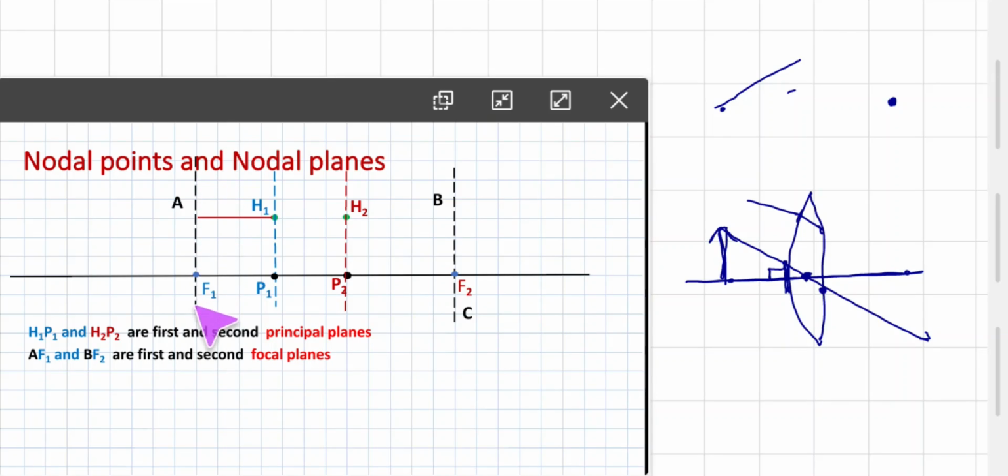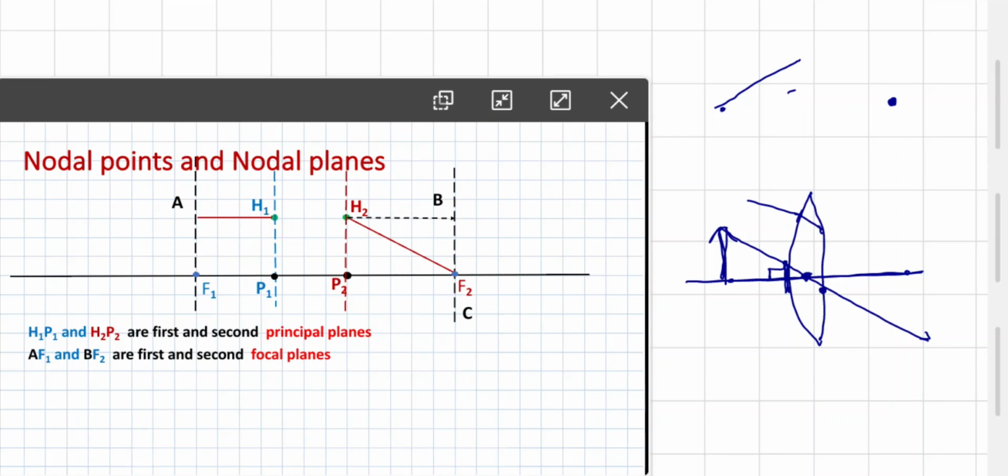Remember that this is a focal plane, so from the focal plane the ray is traveling parallel. Obviously it should go straight, but we know that in a thick lens refraction takes place from the principal plane. So here it refracts, and there is another point through which the actual refraction takes place.